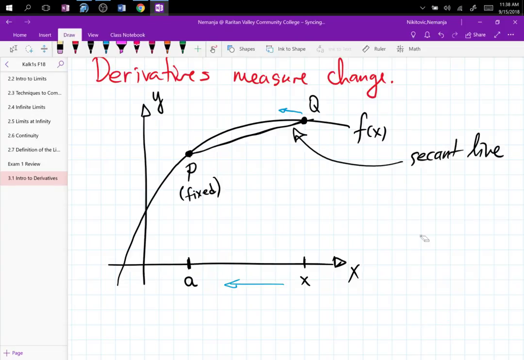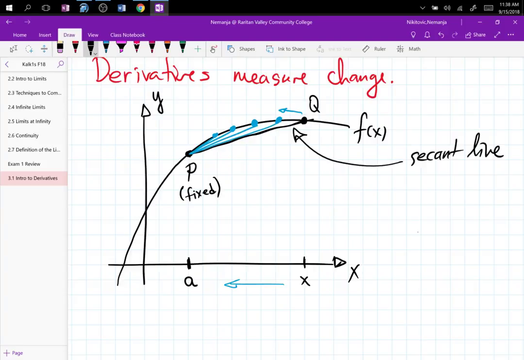As X moves to the left, point Q is going to obtain a different location every time it moves, creating new secant lines.